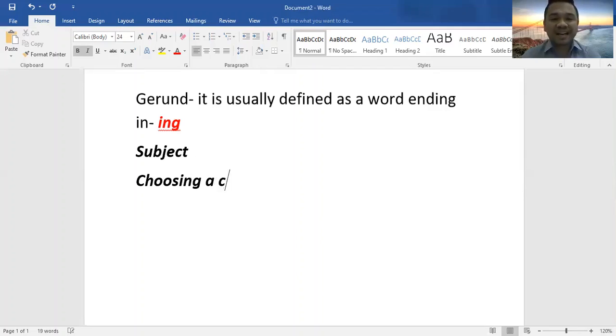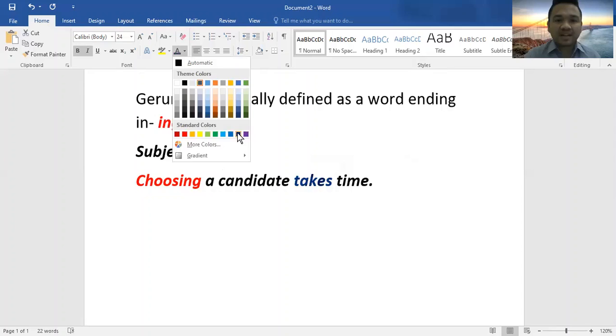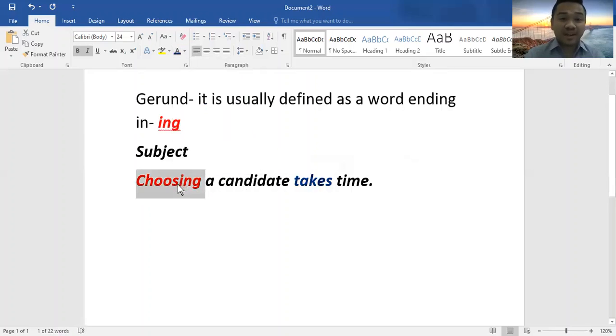I could say, choosing a candidate takes time. The gerund here, choosing, functions as the subject of the sentence. The verb here is takes, and the gerund here is choosing.